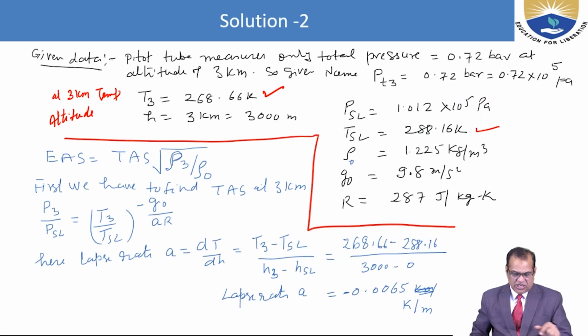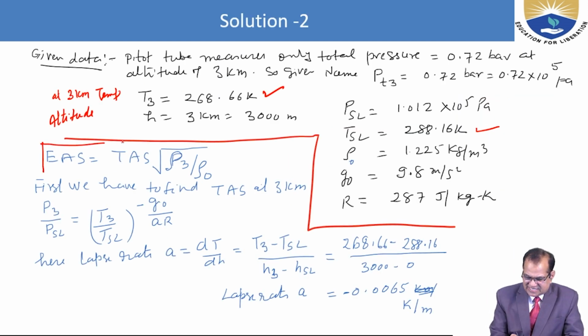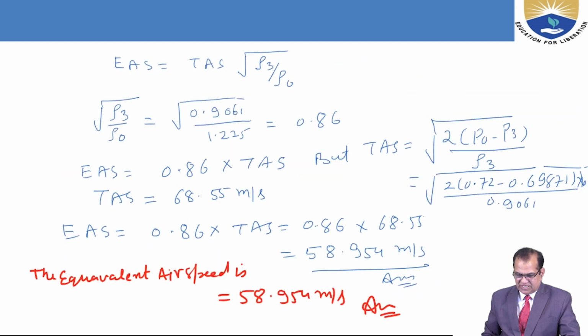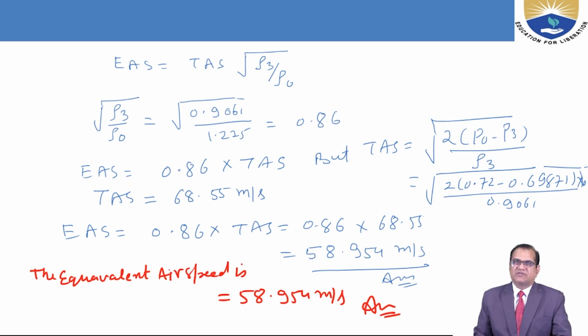We know in this equation that EAS is equal to TAS into root rho 3 by rho naught. So now we have to see how to find the equivalent airspeed.